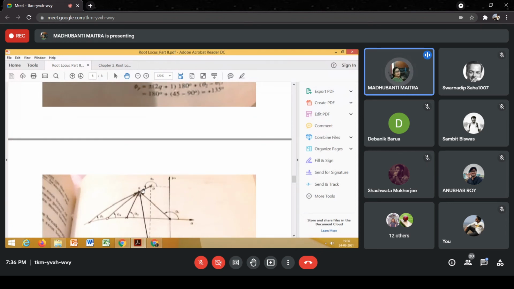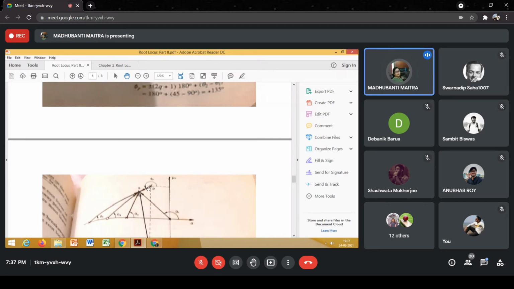Okay. Now, what was our assumption? Second assumption, s is very close to p. So in a limiting condition, if we assume that s and this point, let's call it p, these 2 points are the same, co-located, identical.